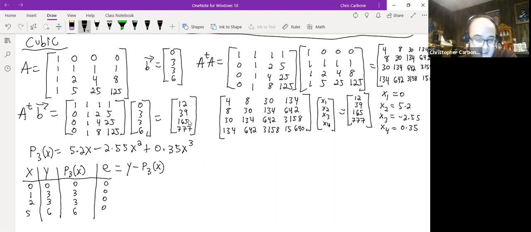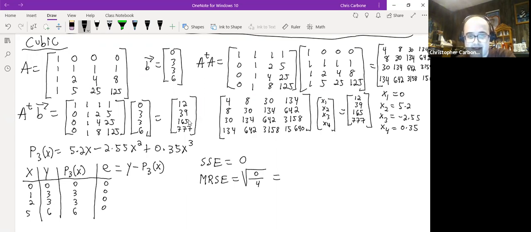So the sum of squared errors again, we square each one and then add them up. You'd get a value of 0. For the root mean square error, this would be the square root of 0 divided by 4.